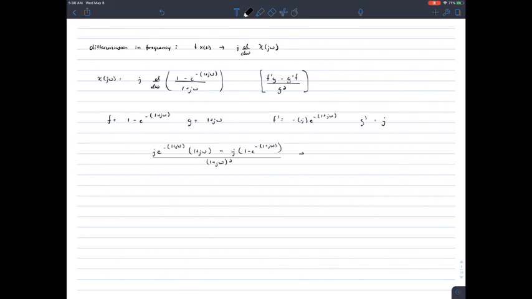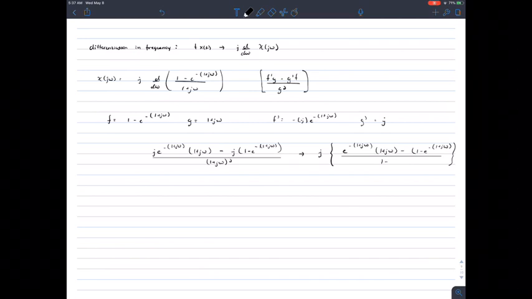So we can take a j out of all this: j times [e to the negative (1 plus j omega) times (1 plus j omega) minus (1 minus e to the negative j omega)], all over 1 plus j omega squared.